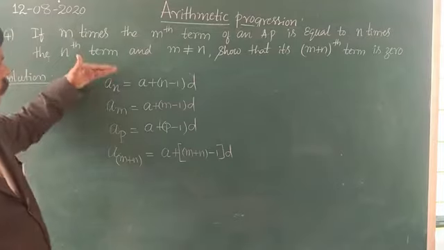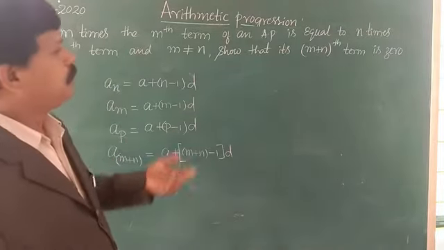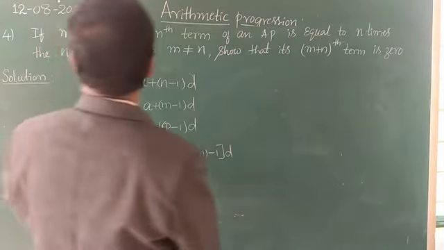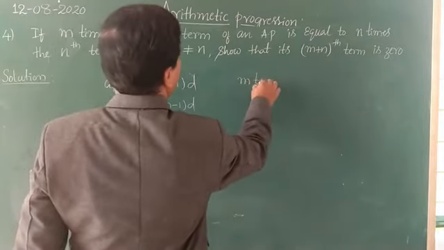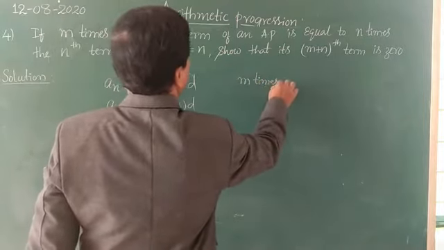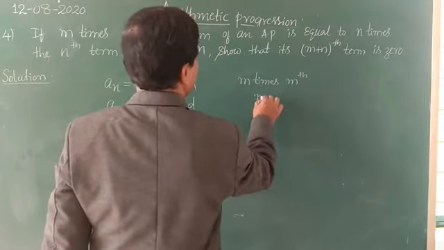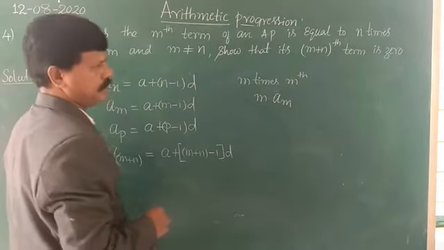Okay. Now after knowing the nth term, mth term, pth term, take that mth term. See, m times the mth term is written as m of am, like this.